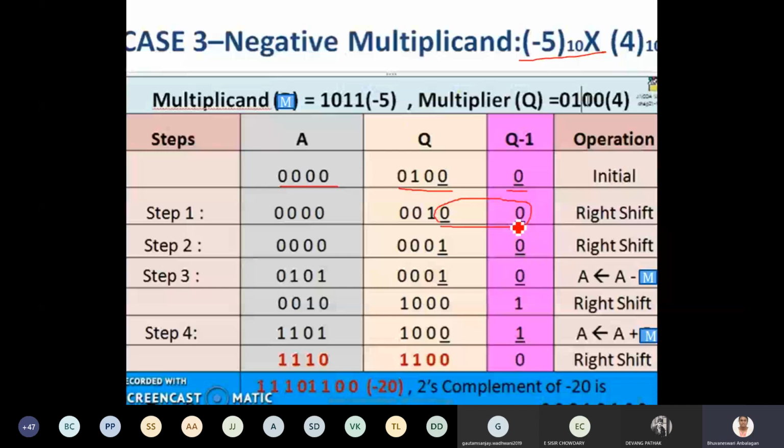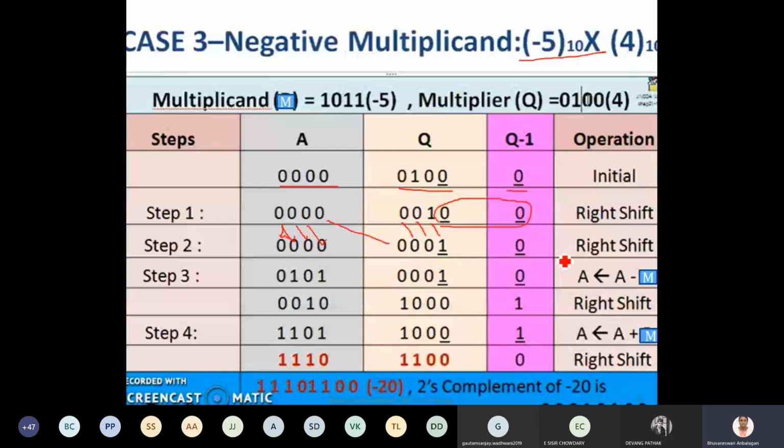If there is a 0, 0 combination, what do you have to do? You don't want to do any addition or subtraction. Simply perform the right shift over here. You just put 0, 0, 0, 0. Like this, you are going to simply shift the values, and the last bit will be discarded.